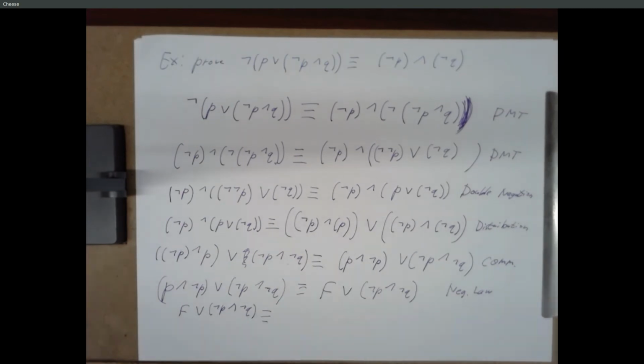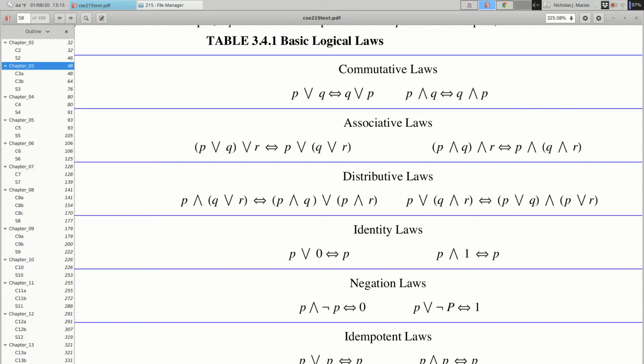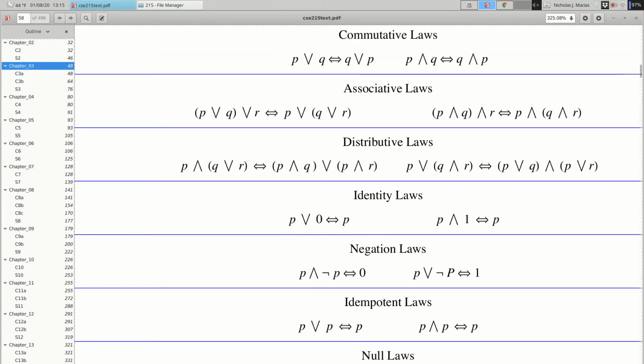Okay, what can I do with false ORed with something? Identity. Identity, except again the identity is saying something ORed with false. So let's do one more commutativity law. If we're paid per line of proof, this is good practice. That's commutativity again.